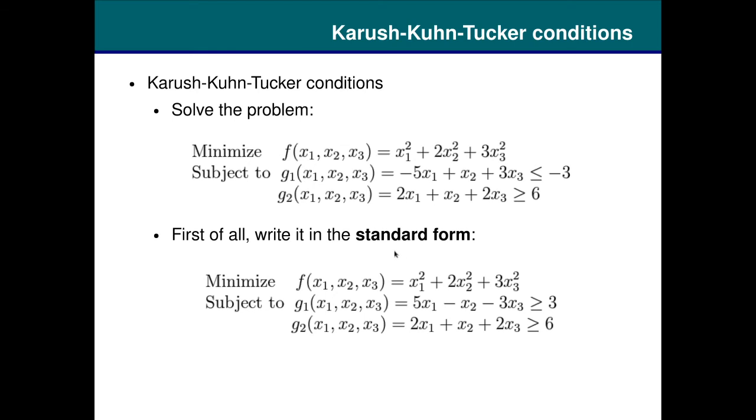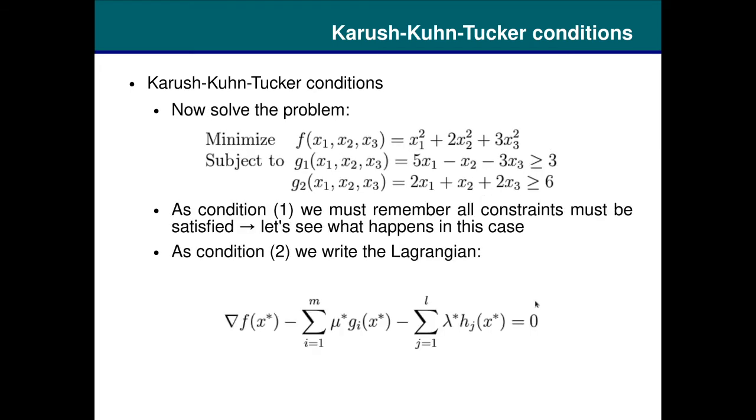So I need to put it in the standard form like this, multiplying it by -1. So minus plus plus minus will be plus minus minus plus, and this is going to change this operator. Okay? To start solving this, I will have, of course, to consider the first Karush-Kuhn-Tucker condition.